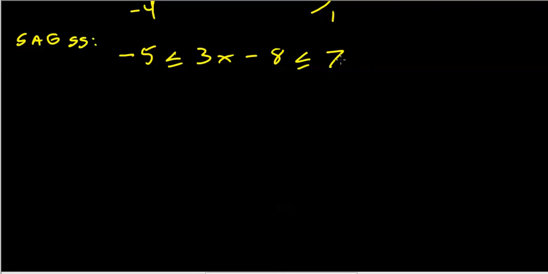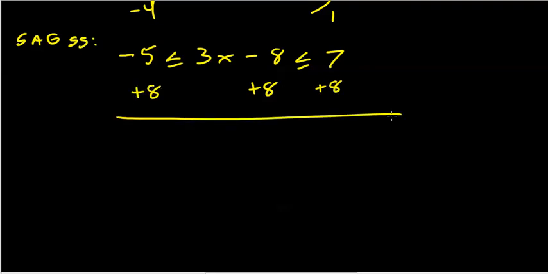Alright, so the goal in these double-sided inequalities is to isolate the variable in the middle, and of course we do that by doing algebra type things to all parts of the inequality. Alright, I'll add 8 to all parts. That gives me a 3 on the left is less than or equal to 3x in the middle, which is in turn less than or equal to 15 on the right, leaving the arrows alone.